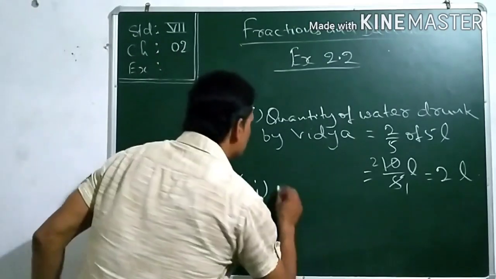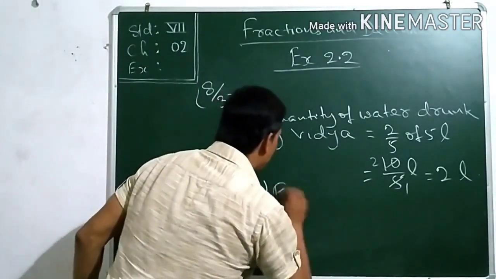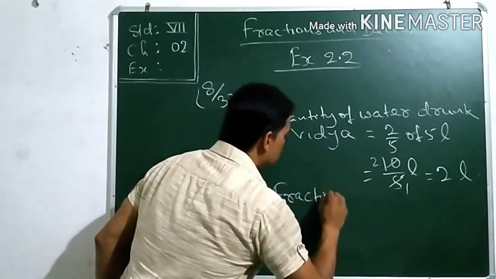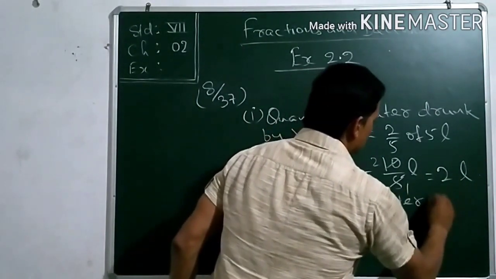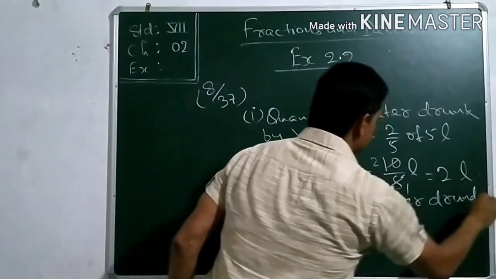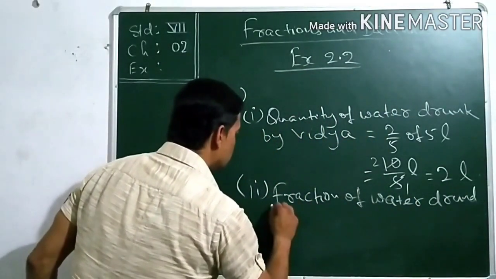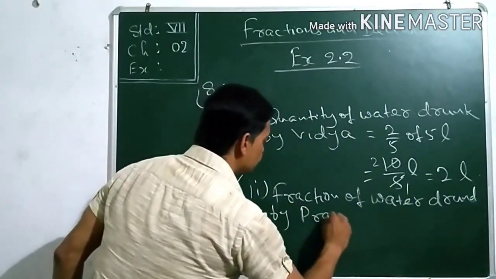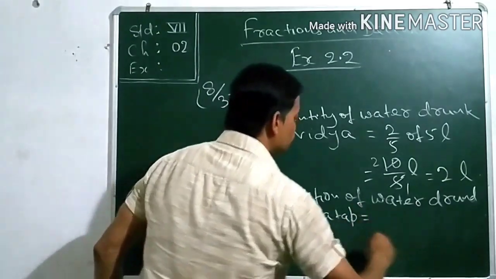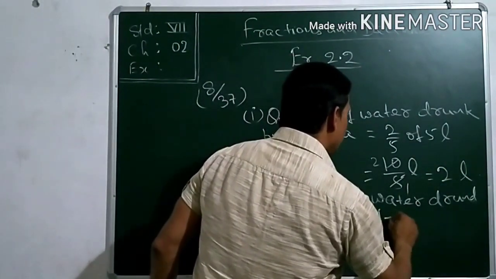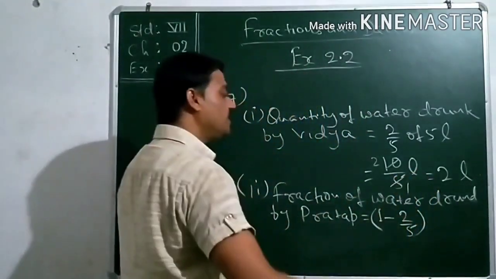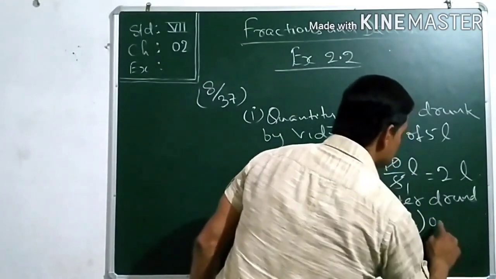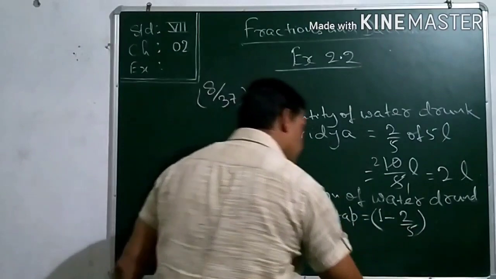Let us write up the fraction of water drunk by Pratap. This will be 1 minus 2 by 5.